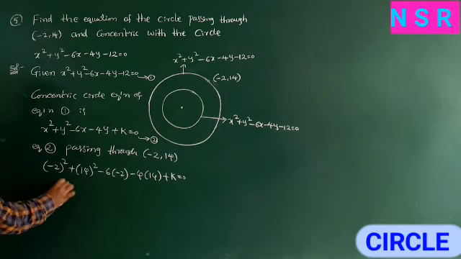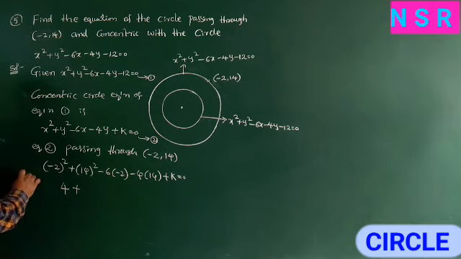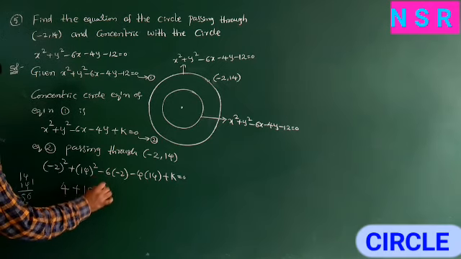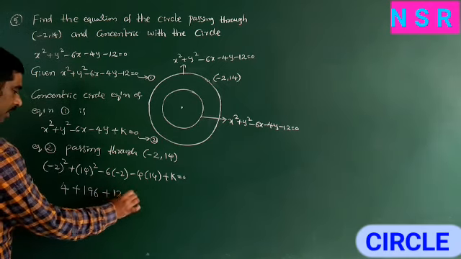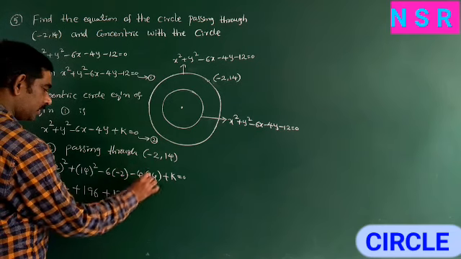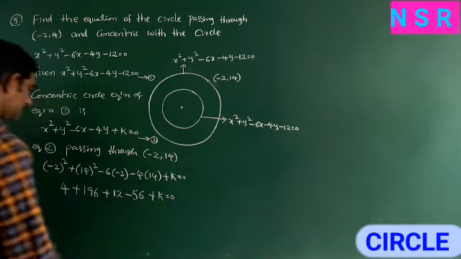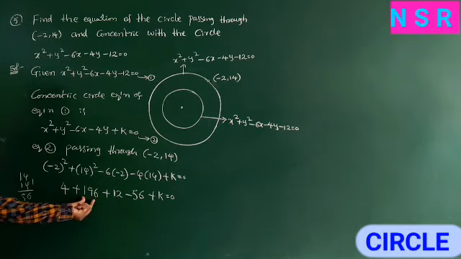So minus 2 square is 4, next 14 square is 196. Then minus into minus is plus, 6 times 2 is 12, 4 times 14 is 56, plus k equal to 0. So 196 plus 4 is 200, plus 12 is 212.